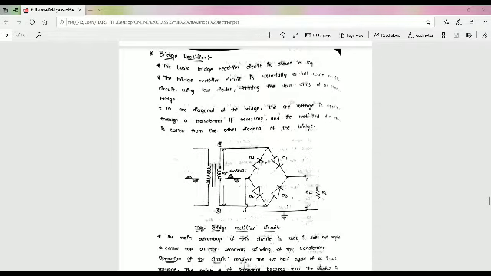To one diagonal of the bridge, the AC voltage is applied through the transformer. AC voltage means the input voltage.